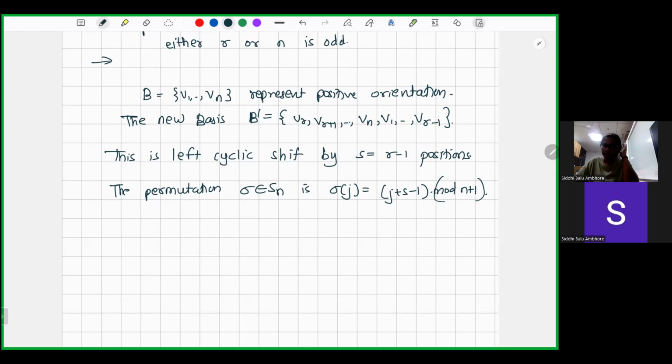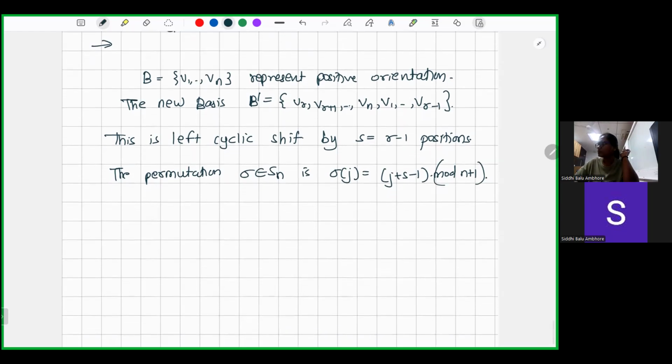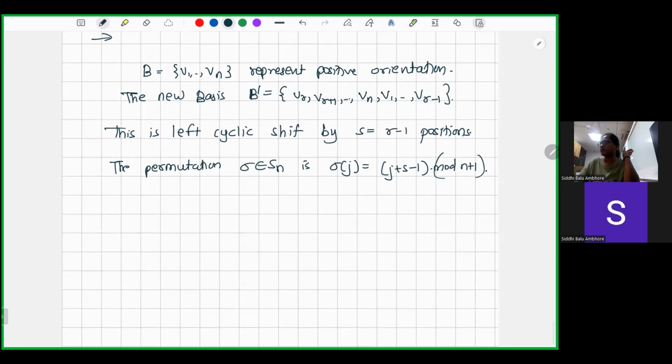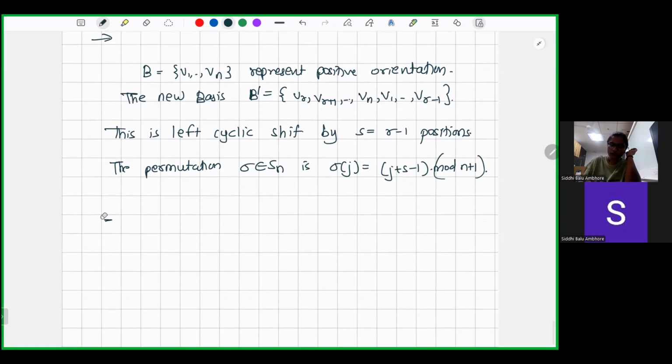It just depends on how you are numbering. S is equal to r minus 1. If we change the indices to 0 to n minus 1, this sigma of j will be j plus s mod n.